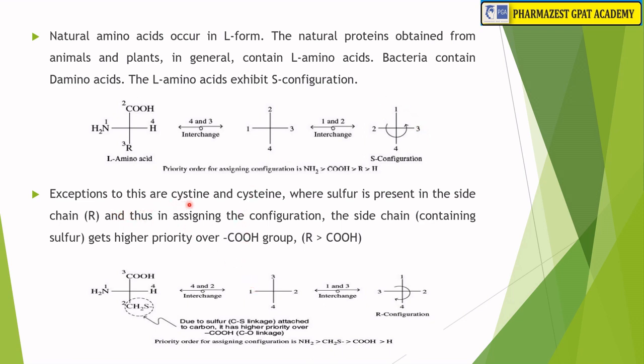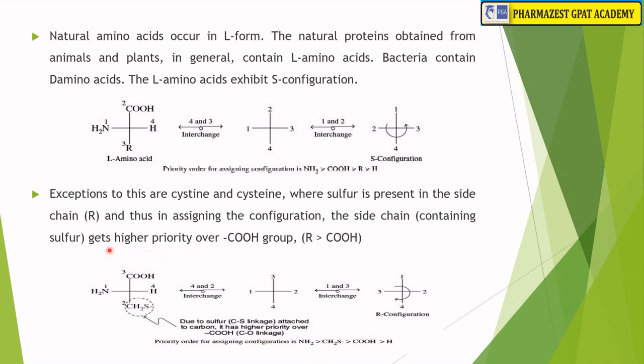Exceptions to this are cysteine and cystine. When sulfur is present in the side chain R, in assigning the configuration, the side chain gets higher priority over the COOH group. Hence, the explanation is given in these structures.